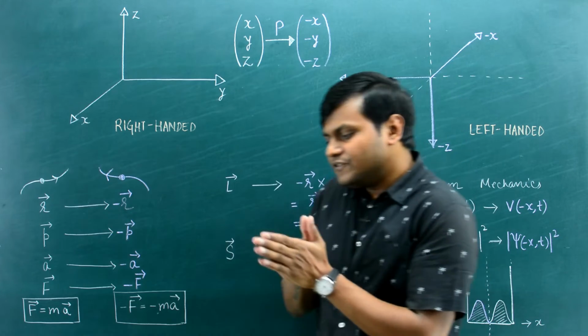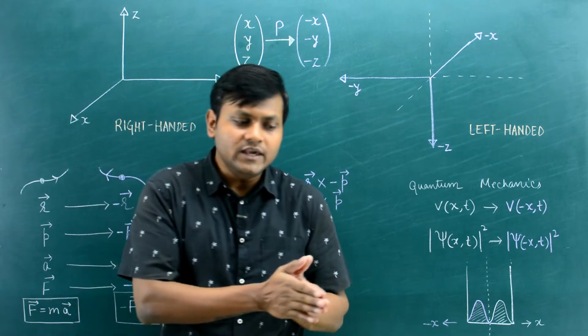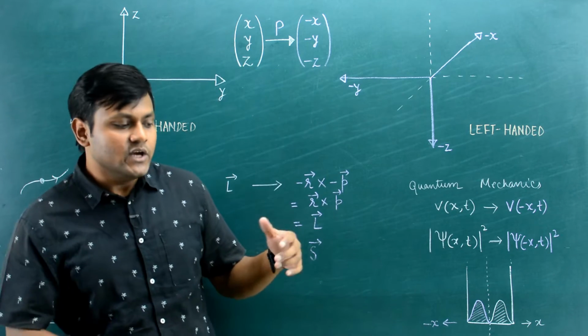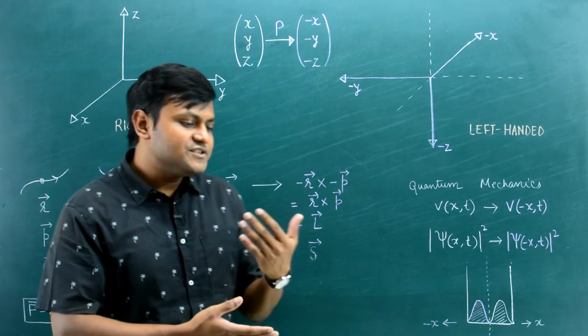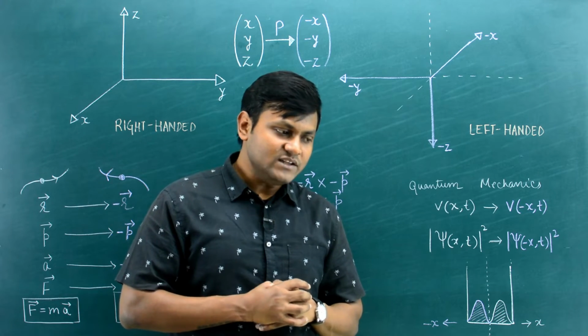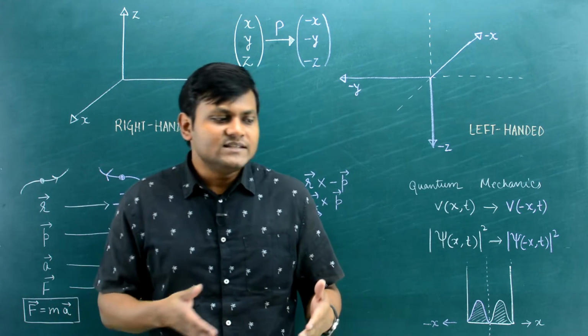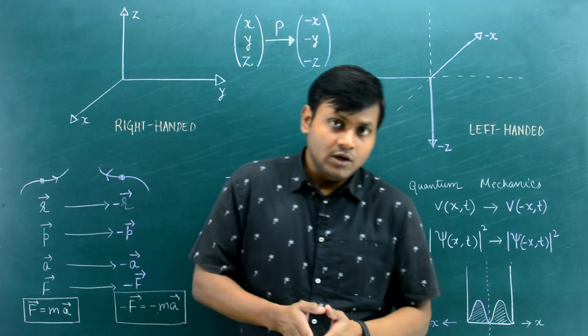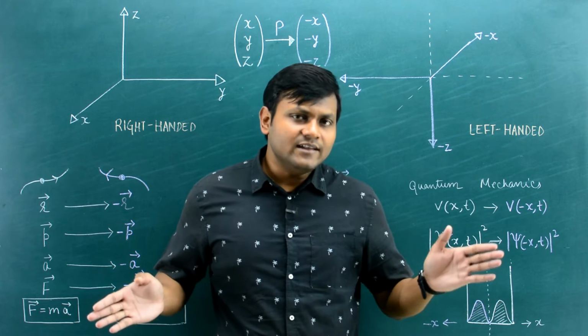It simply means that the physical laws that we use, whether in classical physics or in quantum mechanics, do not distinguish a flipping of the signs of the coordinate axes. That means the universe that we live in is unable to distinguish right from left. It is symmetric with respect to right and left.